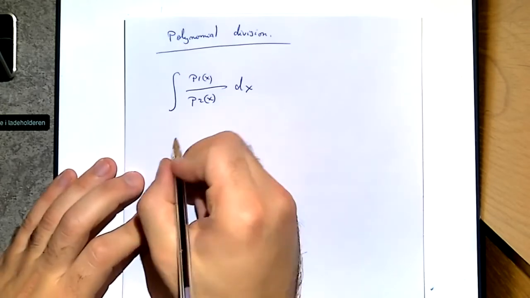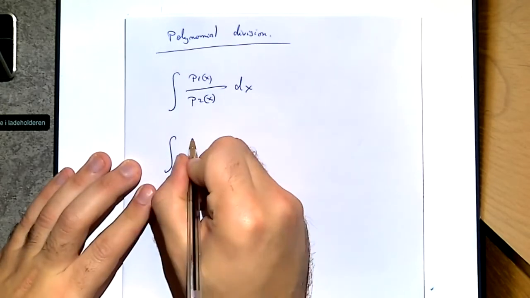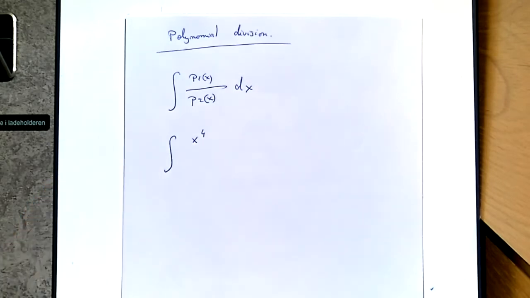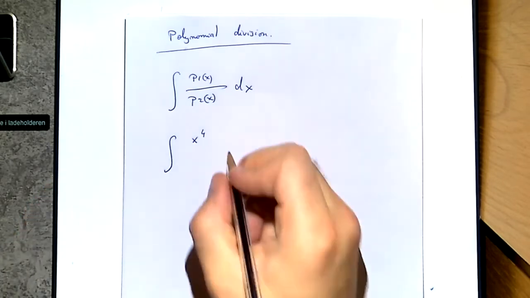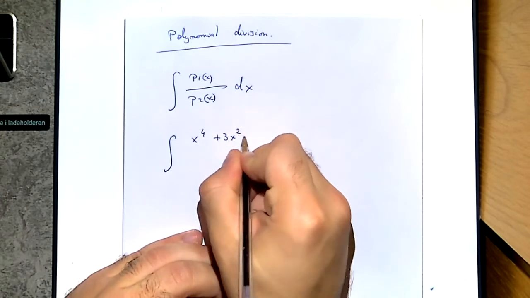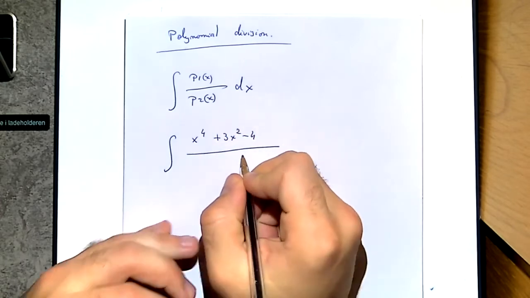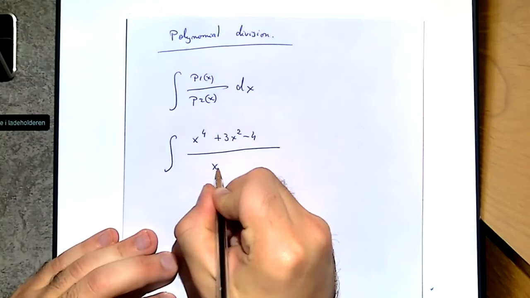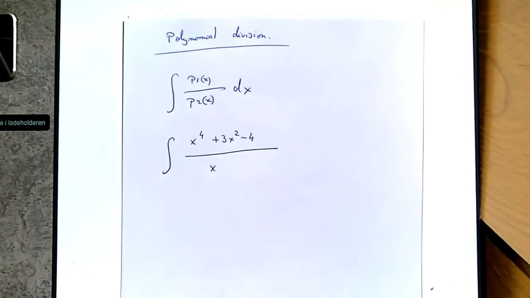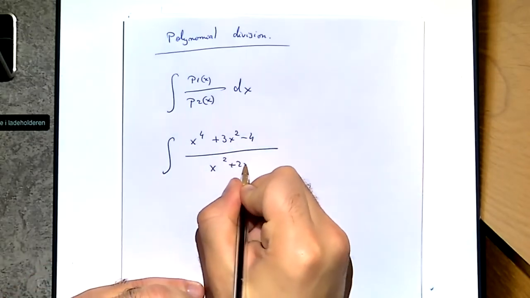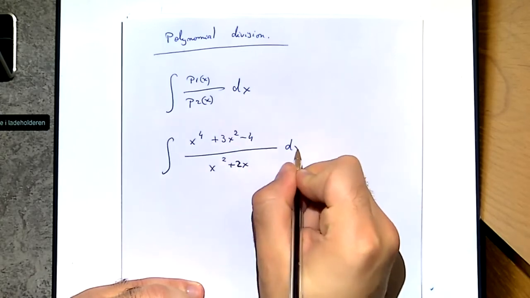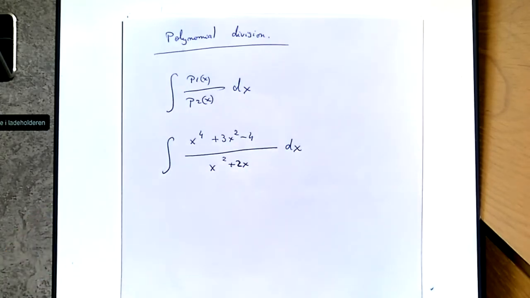Let's suppose I need to compute the integral of, and I'm literally going to use the book, why not, x to the 4th plus 3x squared minus 4 over x squared plus 2x dx. And the whole idea is you have no idea how to solve it looking at it as it is now.